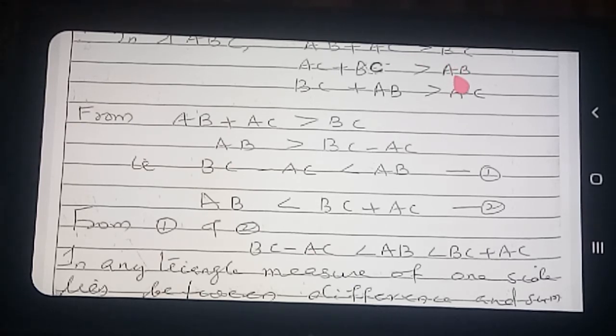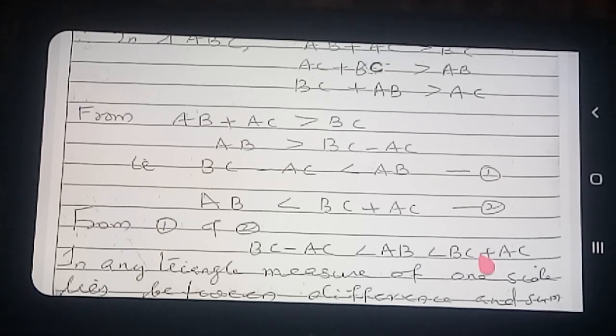AB is less than BC plus AC. Now you combine these two. BC minus AC is less than AB, and AB is less than BC plus AC. So you can combine the first and second: BC minus AC is less than AB, which is less than BC plus AC.